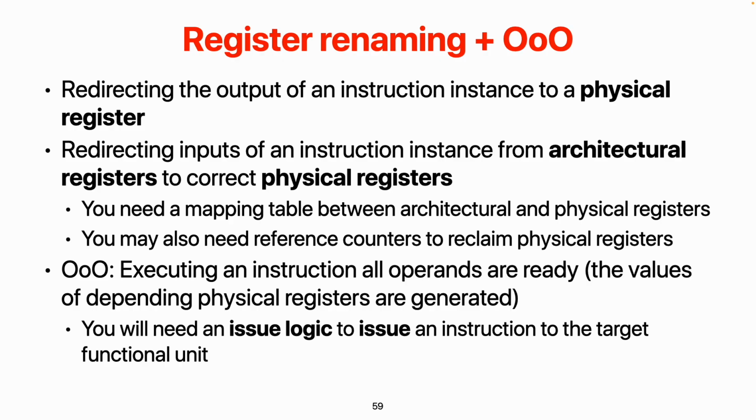So to support this, here is the solution. For register renaming, hardware will redirect the output register from its original architectural naming to a physical register. Which means that now, in hardware, you need to maintain a mapping table between the latest up-to-date architectural registers, like RAX, RCX, RBX, and a set of physical registers that really store the values, for example, T0, T2, right?